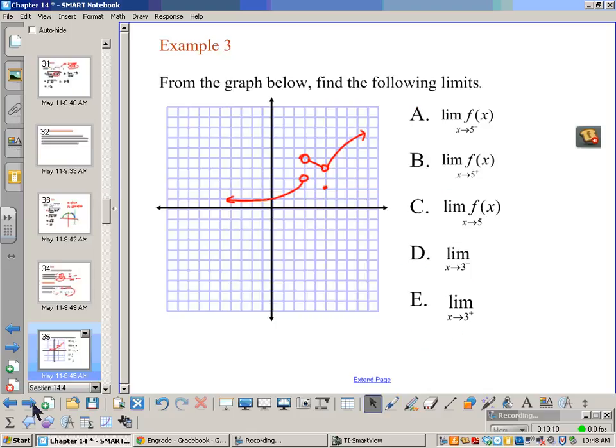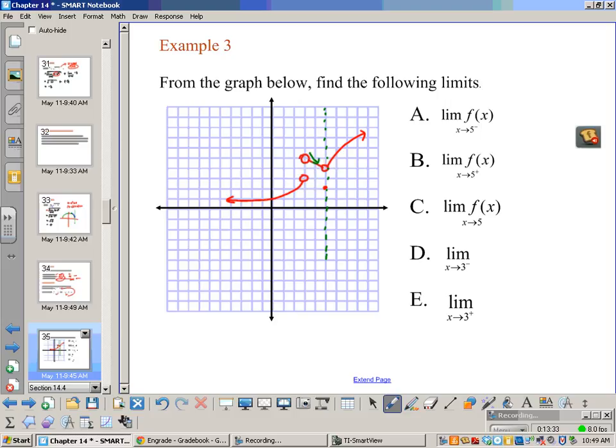And one last example here. This time we're going to use this graph and find the different limits. The first one is x approaching 5 from the left-hand side. Here is where x is 5, and I want to approach it from the left-hand side.